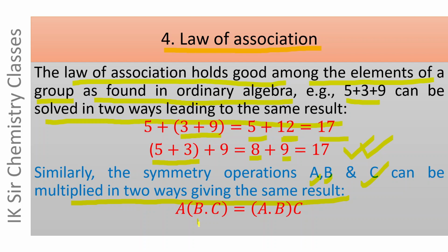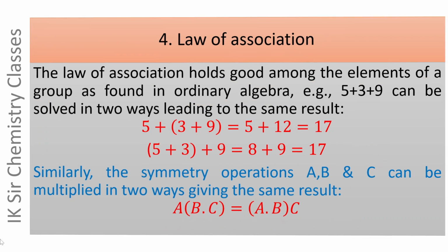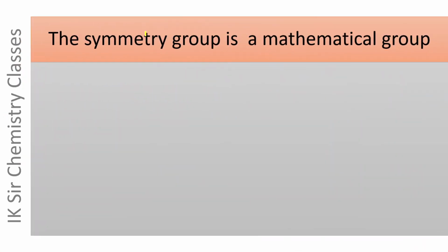First of all, B is multiplied by C, and then this product is multiplied by A, and the result will be the same if A is first multiplied by B and thereafter this product is multiplied by C. This is called the law of association, and this law holds good among the elements of a mathematical group. The symmetry group is a mathematical group.